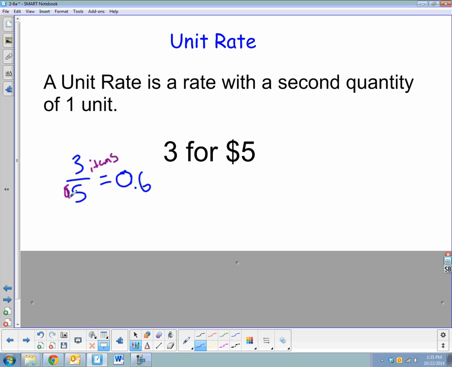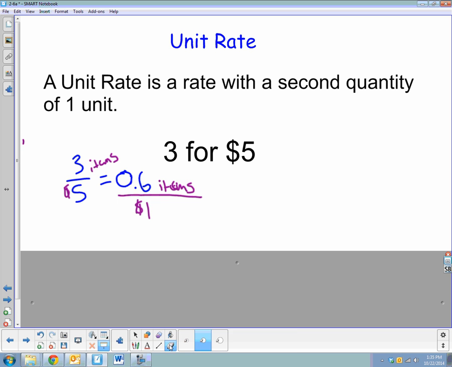What I've found is that I can get 0.6 items, whatever it is, pizzas, per $1. Well, that's pointless. I can't buy 0.6 pizzas for $1. They won't sell me 0.6 pizza. I can't take the frozen pizza and chop it into 0.6. That doesn't work. So 3 items for $5 is not going to give me what I'm looking for.